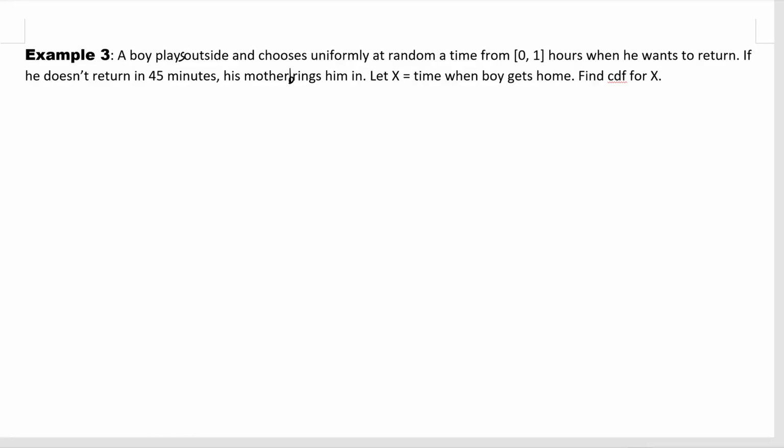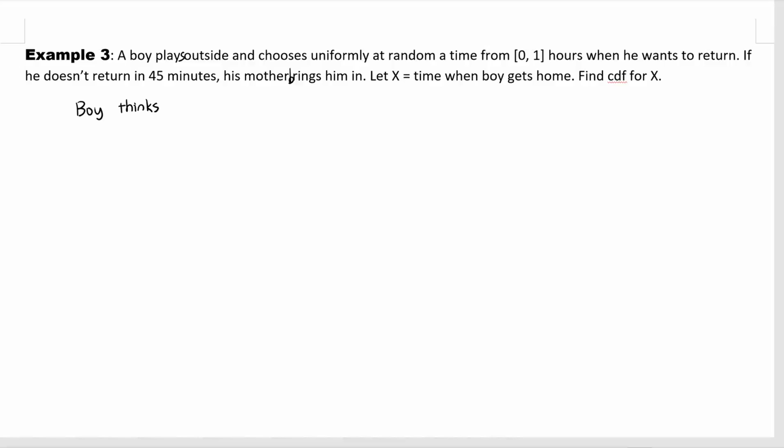Okay, so first step. This is what the boy thinks. He plays outside and chooses uniformly at random a time from 0 to 1 hours when he wants to return.